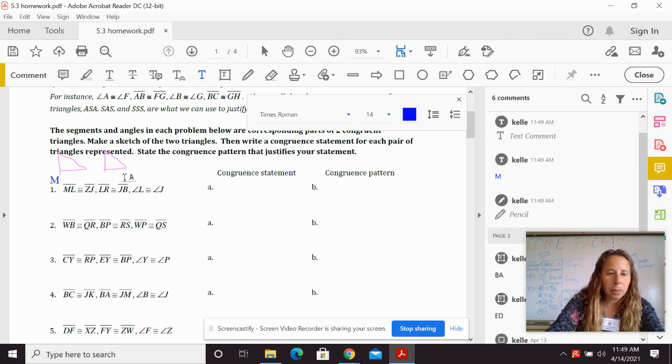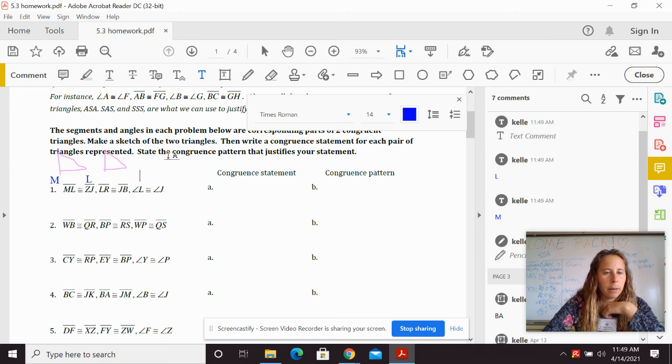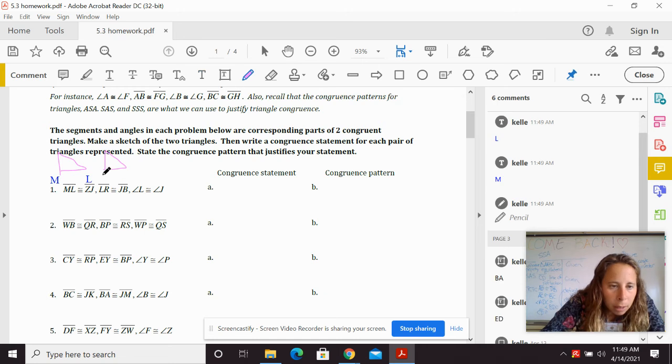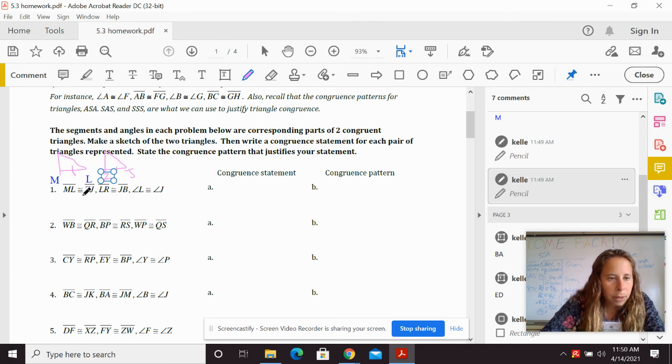So that's M, this is L. ML is congruent to ZJ, so corresponding parts. That's Z, and this is J. So these sides are congruent to each other. Okay, so I took care of that. LR is congruent to JB.